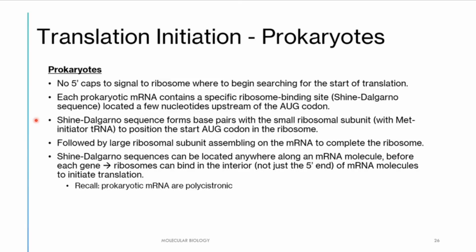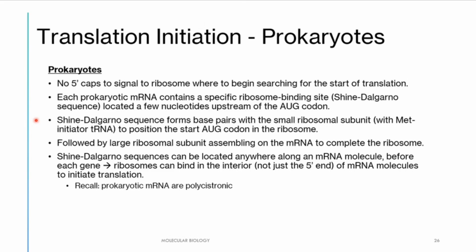Now, for prokaryotic cells, remember that the mRNAs are polycistronic. So you can imagine there being multiple Shine-Dalgarno sequences along the entire mRNA, one before each of the genes that the piece of mRNA is carrying.